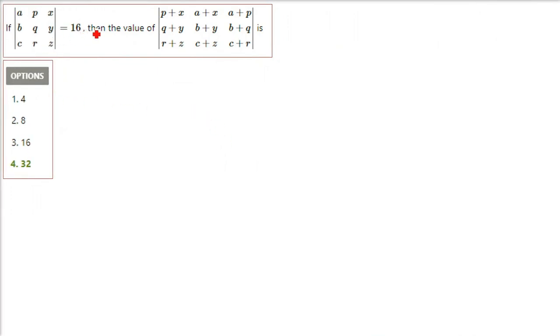If this equals 16, what is the value of this whole matrix, the determinant of this matrix? Normally what we understand when we learn this for the first time is that we are going to open it like this: P, Q, R, A, B, C and A, B, C in the first go. That is the first part.